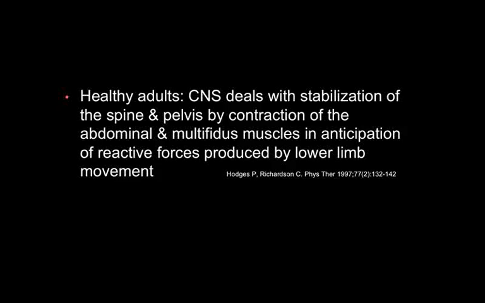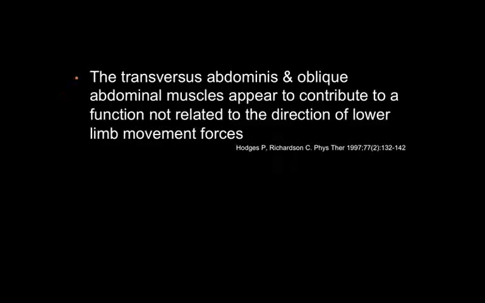With injury, maybe there isn't this stabilization. Transverse abdominis and oblique muscles appear to contribute to the function, not related to the direction of lower limb force movements. Again, further support for the role of the core in possibly reducing risk in lower extremities, i.e. groin injuries.